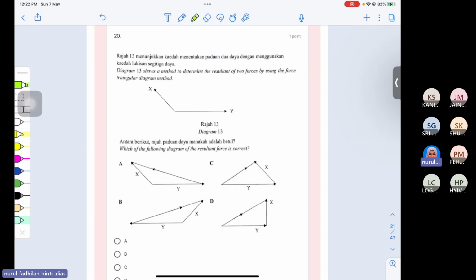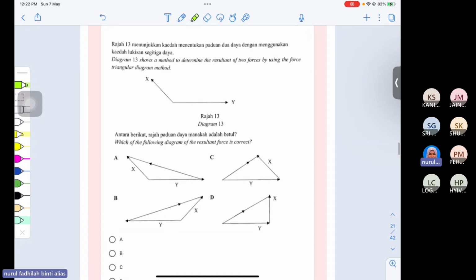Dia nak using triangle method ataupun dia nak parallelogram method ataupun dia tak kisah mana-mana. Ada tak dia spesifik nak apa? Nampak tak? Using force of triangle method. Yes. Triangle method. Dia wants you to give in triangular method. Jadi kalau triangular method, you boleh tak tinggalkan dia macam ni?